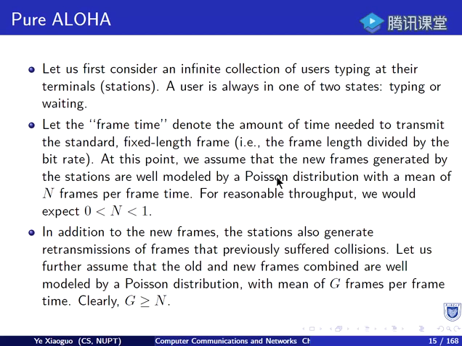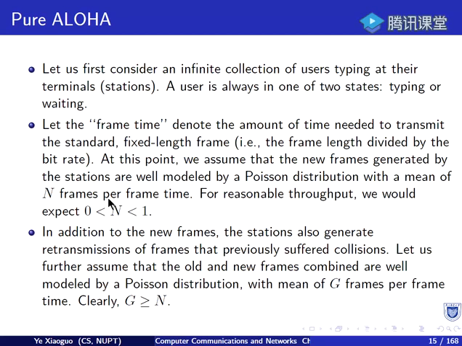At this point, we assume that the new frames generated by the stations are well modeled by a Poisson distribution with a mean of n frames per frame time. For reasonable throughput, we would expect n to be between 0 and 1.